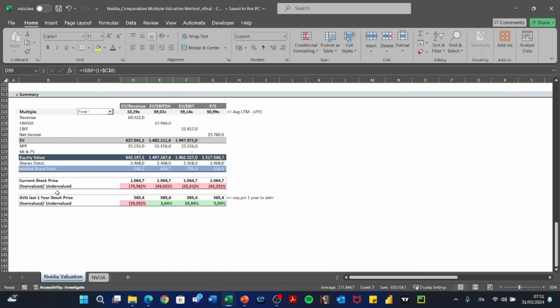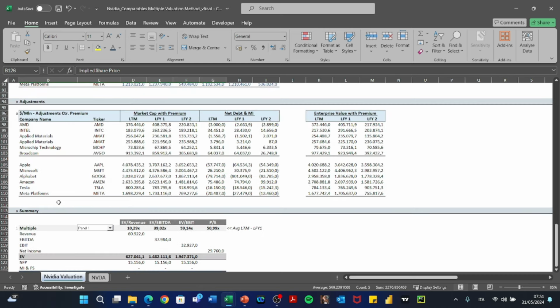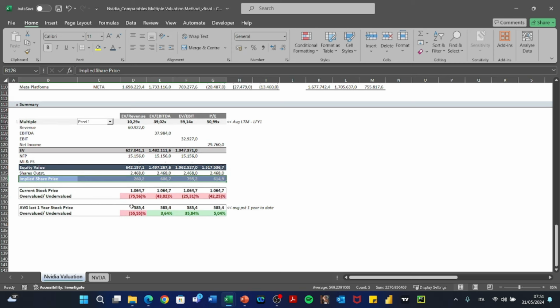And then here we have our summary. Here I have calculated the implied share price of Nvidia coming out from this methodology, and I have decided to compare it to the current stock price of Nvidia at the valuation date, and with the average of last year's stock price of Nvidia, in order to understand if the company, according to this valuation, is overvalued or undervalued compared to the market.